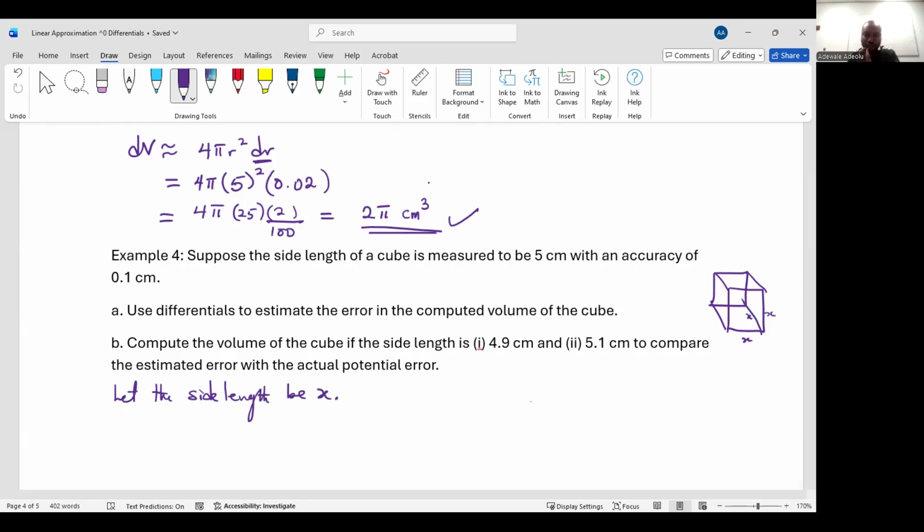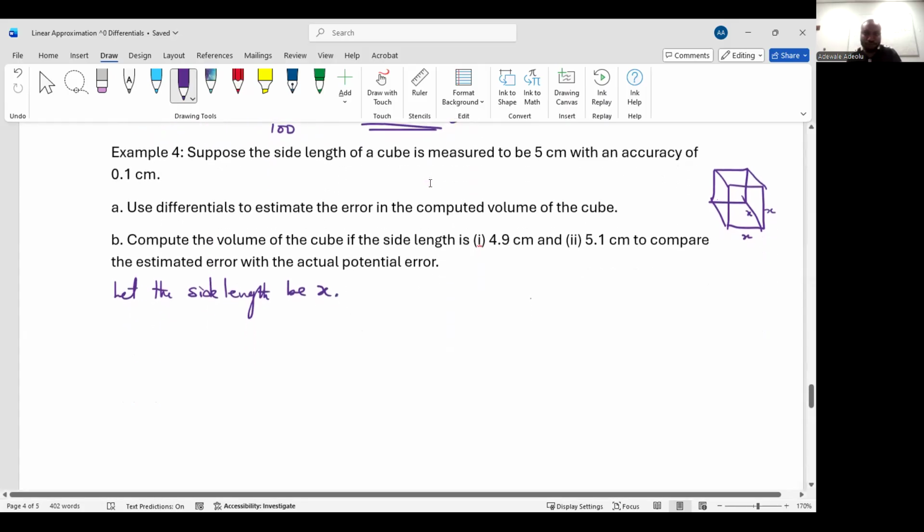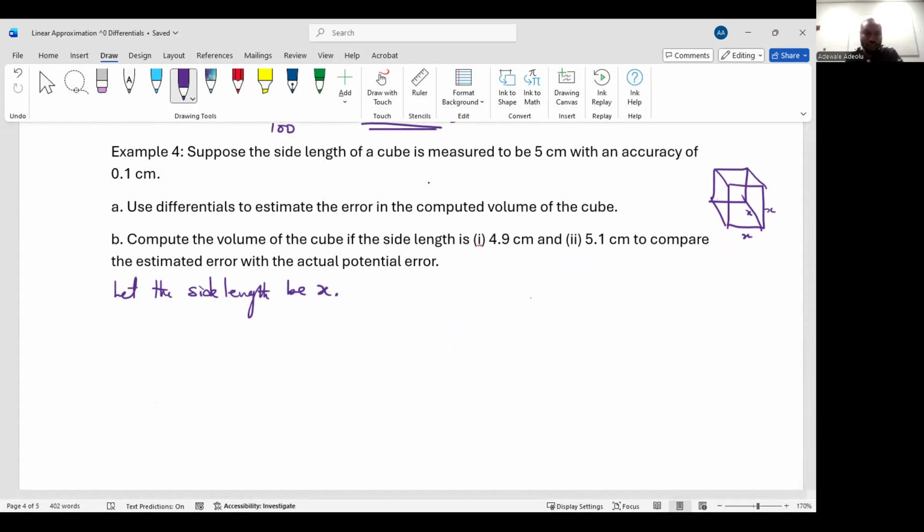Use differentials to estimate the error in the computed volume of the cube.